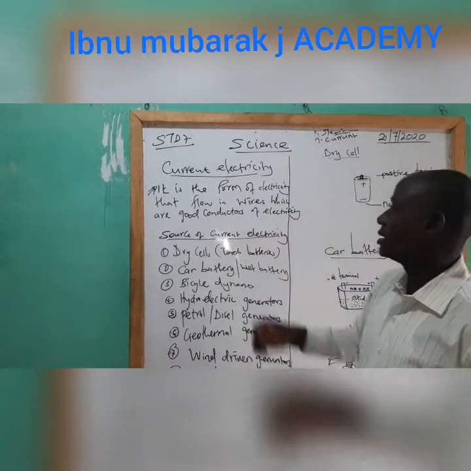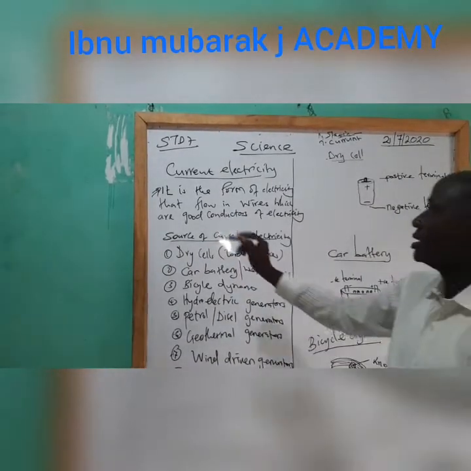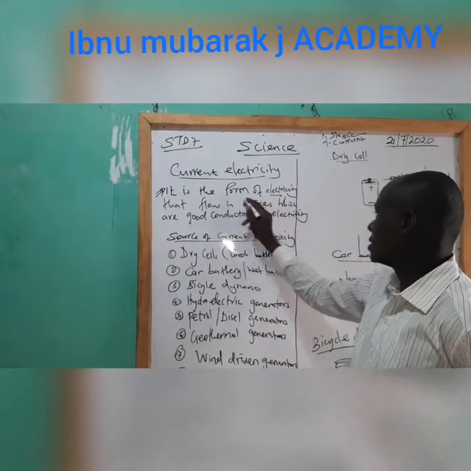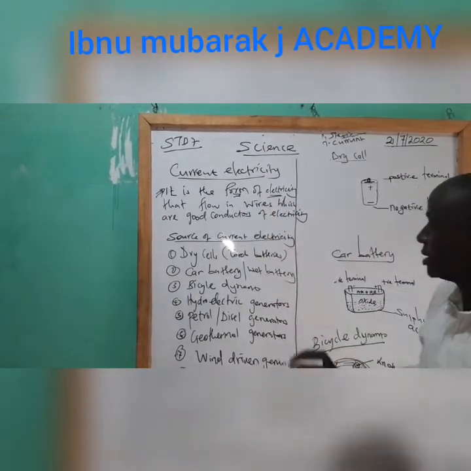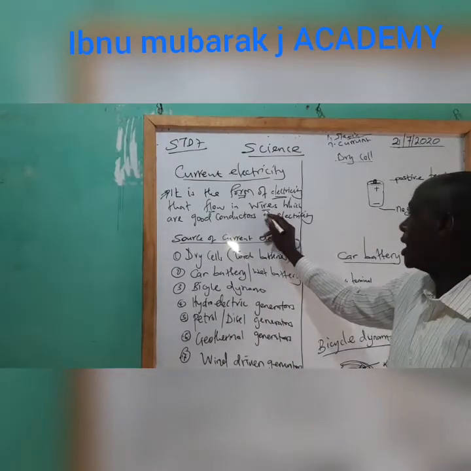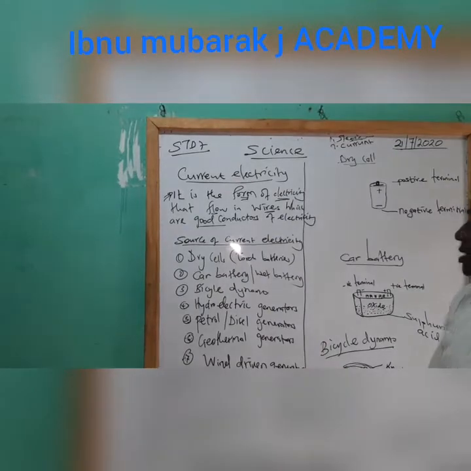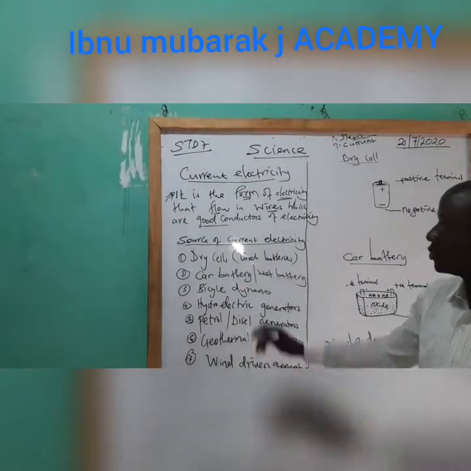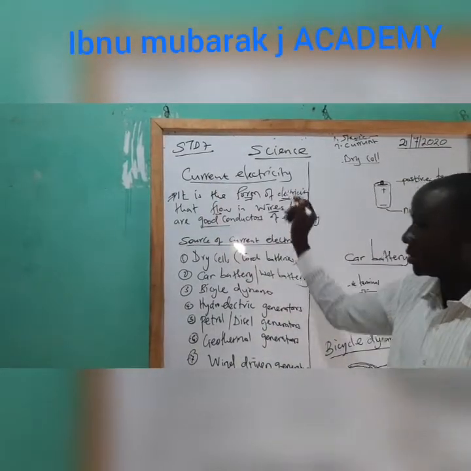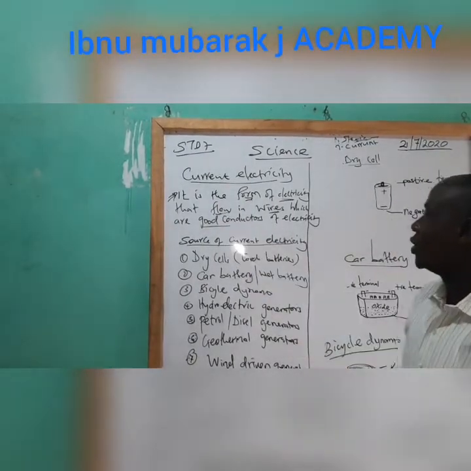Welcome, and let's begin. Current electricity is a form of electricity that flows in wires. Those wires must be good conductors of electricity. So when we talk about current electricity, it is a type of electricity that flows, that moves.